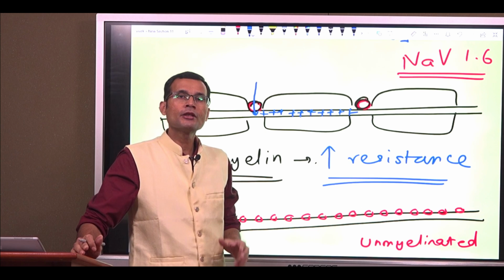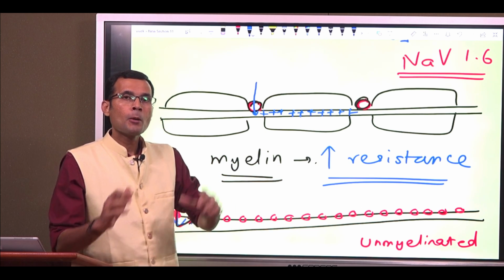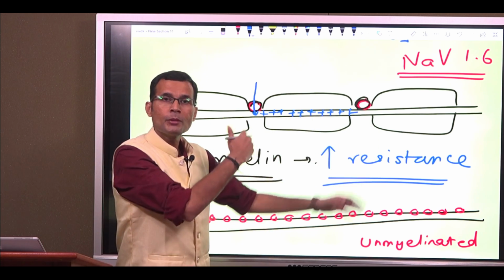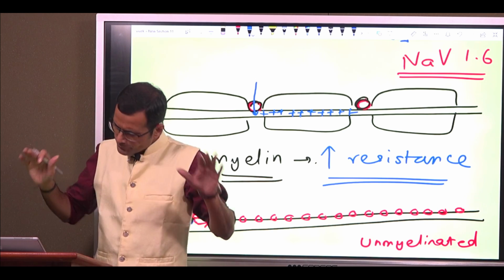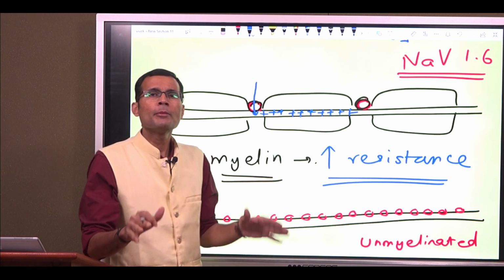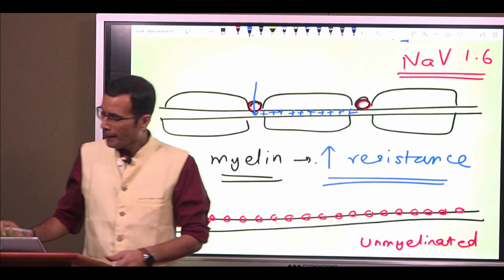This next node of Ranvier should reach threshold by the charges that are coming in from the previous node of Ranvier. That is the whole fundamental of this discussion.